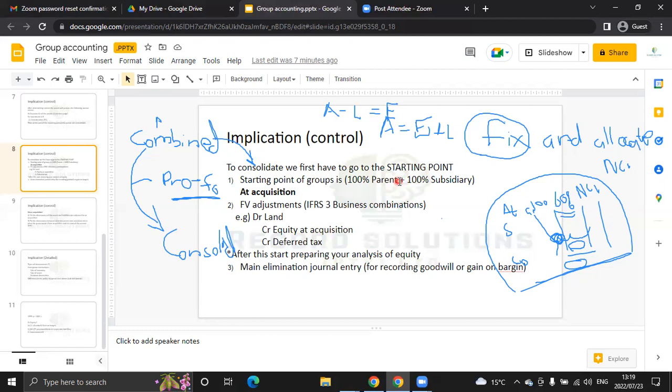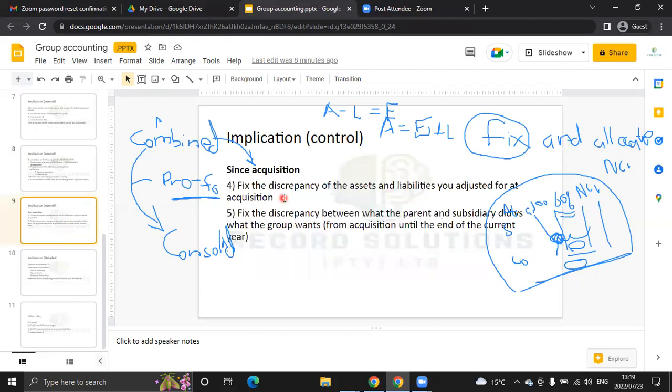You must record an additional 1,000 depreciation. So you debit depreciation with 1,000, and then you credit accumulated depreciation with another 1,000. And that's the pro forma journal entry that you do. That's what I mean when I say fix the discrepancy. So you're going to fix the discrepancy of these assets and liabilities.